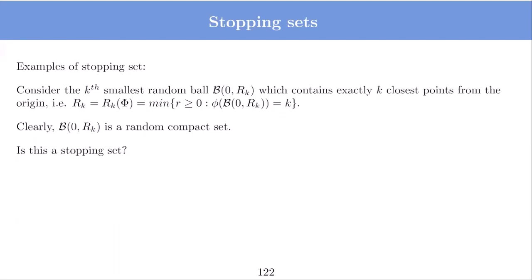So let R_k be the minimum R such that phi(B(0, R_k)) is k, and then this ball at the origin with radius R_k is a random compact set, right? Because it's random, it's a compact set. The question is, is this a stopping set? So for this to be a stopping set, you should be able to say that this ball lies inside K, best by knowing the points in K, for any K.